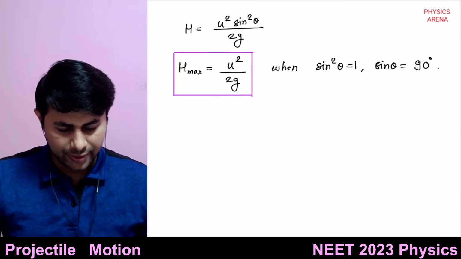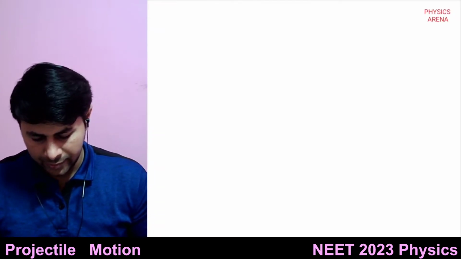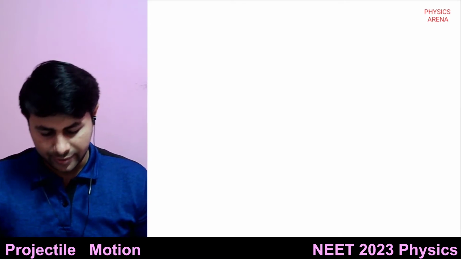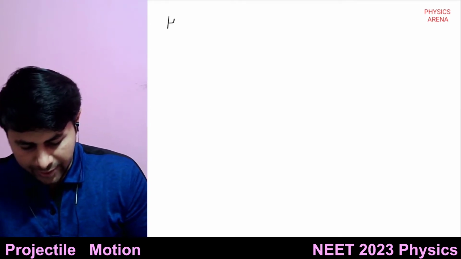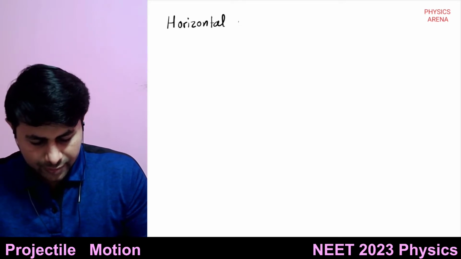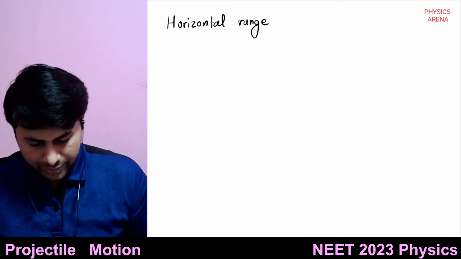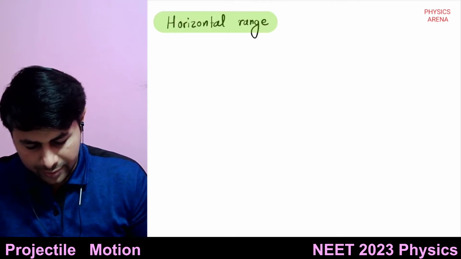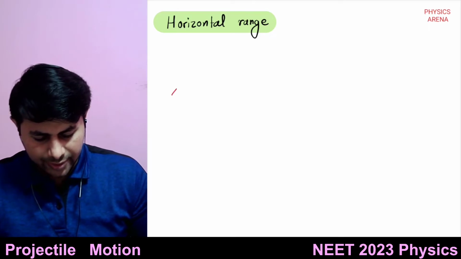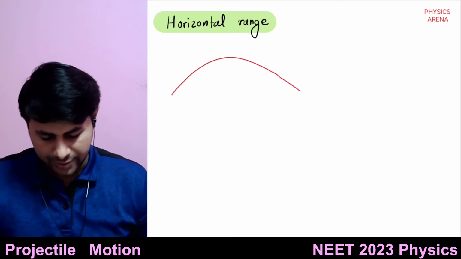Next, I want to find out the horizontal range of the projectile. Okay, so your projectile is projected like this.